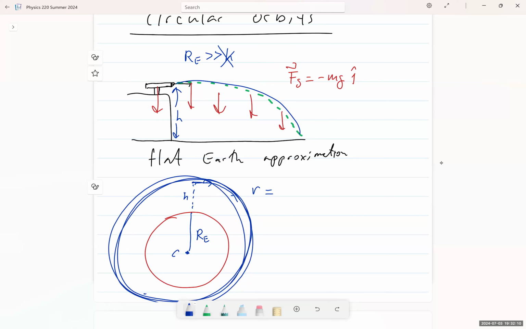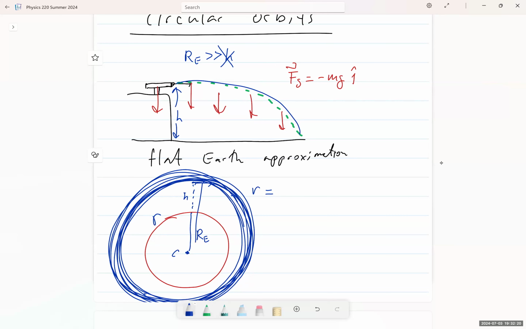It's constantly in free fall, constantly falling, but Earth curves under it. And here R is this distance, which ends up being the radius of Earth plus h, because we assume h is large enough that we cannot ignore it anymore. So R is just the radius of Earth plus h.